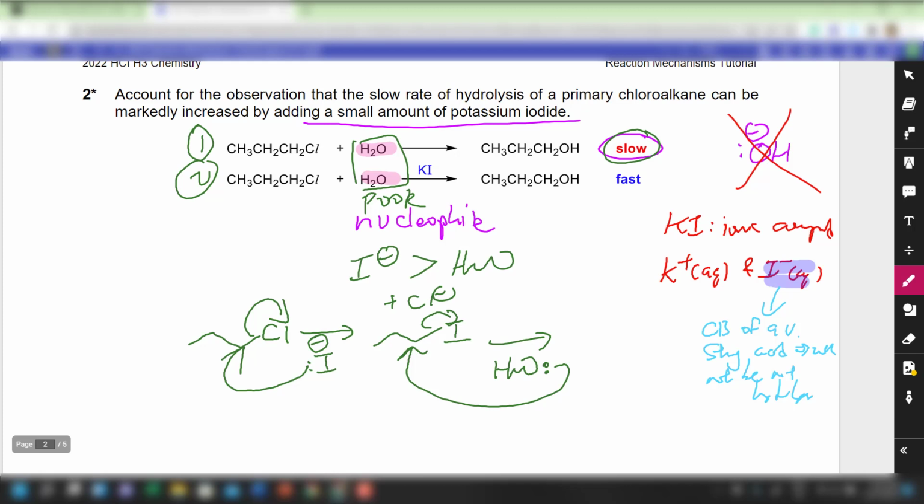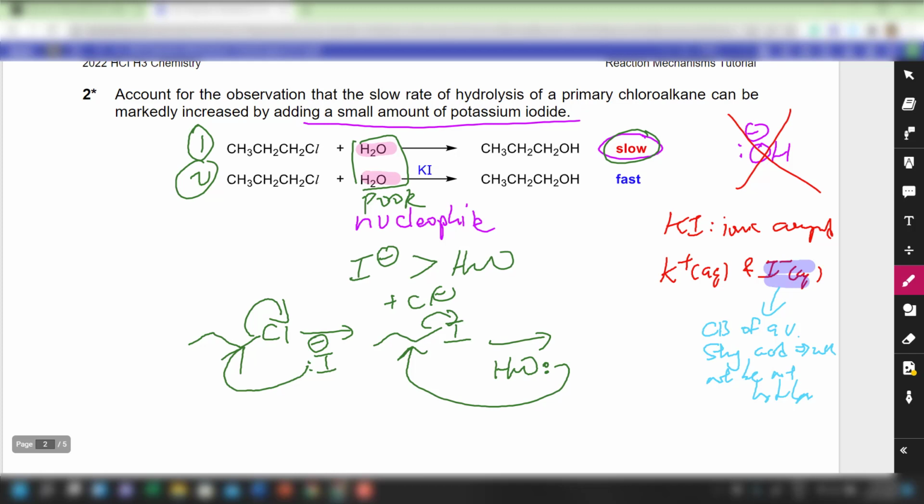But a better leaving group also tends to be a poor nucleophile. In this case, we have the best of both worlds, because iodide, being highly polarizable, is a better nucleophile than water. So iodide can replace Cl, and because the C-I bond is weaker than the C-Cl bond, the bond is more easily broken, and iodide is a good leaving group as well.